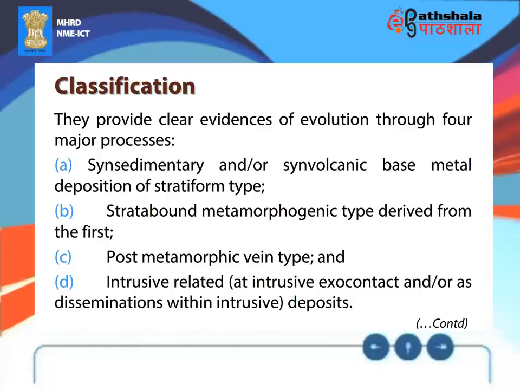They provide clear evidence of evolution through four major processes. A. Syn-sedimentary and/or syn-volcanic base metal deposition of stratiform type. B. Strata-bound metamorphogenic type derived from the first. C. Post-metamorphic vein type. And D. Intrusive related, at intrusive exocontacts and/or as disseminations within intrusive deposits.